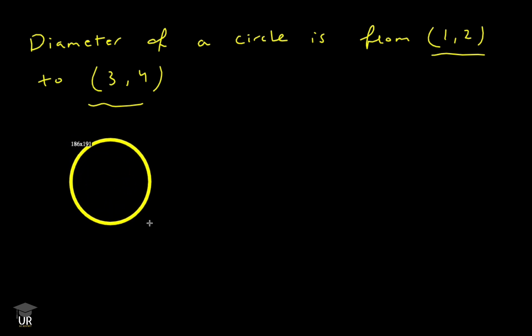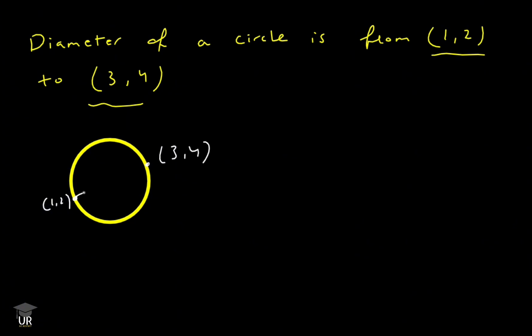So if this is my circle, let's say the point 1 comma 2 will be somewhere here. So this is your 1 comma 2, and let's say this point is 3 comma 4.